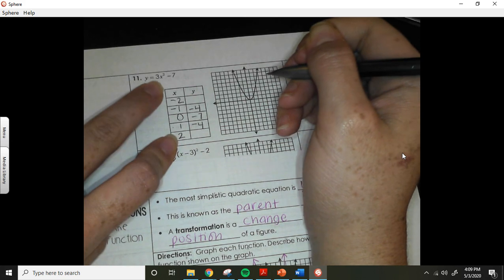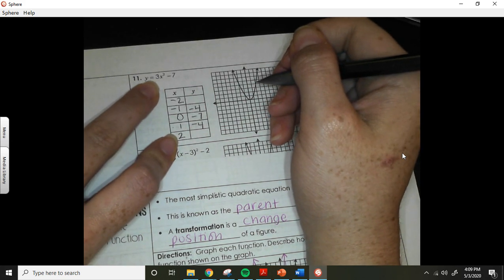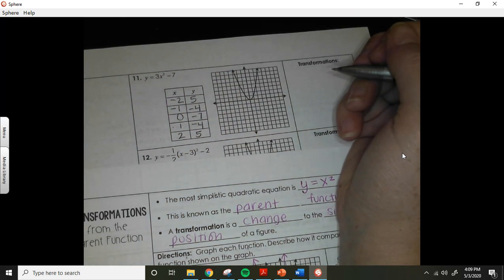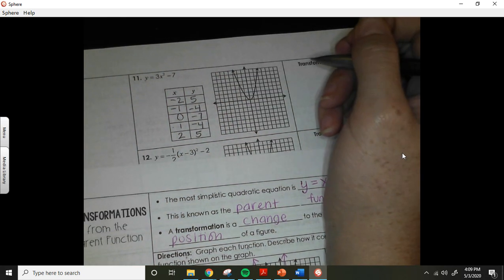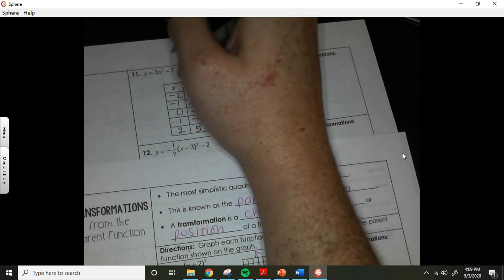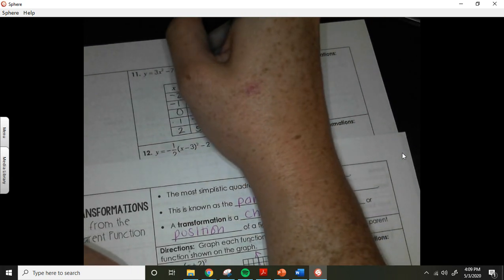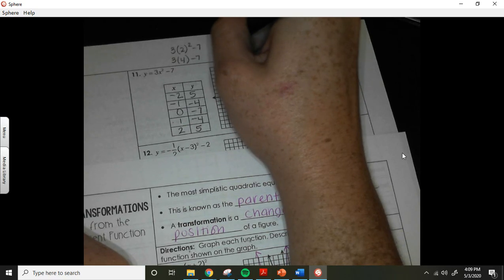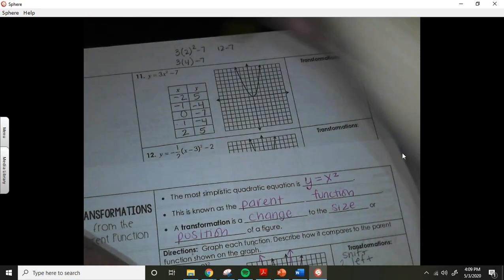If we plug in 2, we get 4 times 3, which is 12. 12 minus 5, sorry, 12 minus 7 is 5. Is that right, guys? Before I start graphing this? I don't know, maybe you should work it out. Oh, touche, friends, touche. So 3 times 2 squared minus 7. 3 times 4 minus 7, which means 12 minus 7. Yes, that's right. Okay, good, good, good.